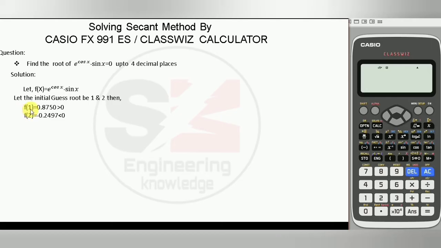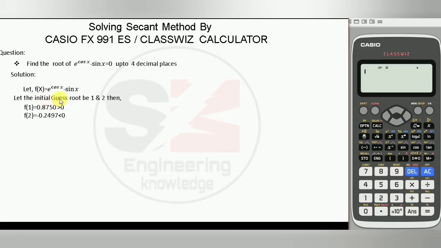In this way, by putting the value of 1 in this equation, we get the value 0.8750, greater than 0, and by putting 2, we get a negative value, less than 0. So positive and negative means the product is a negative value, which is less than 0.